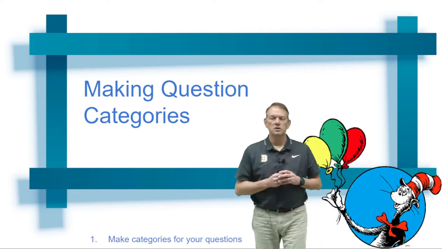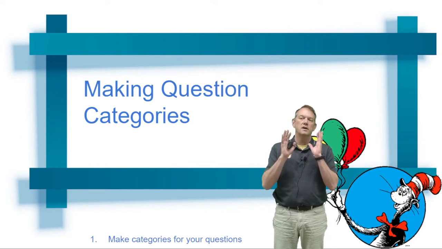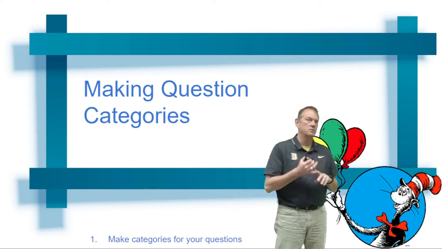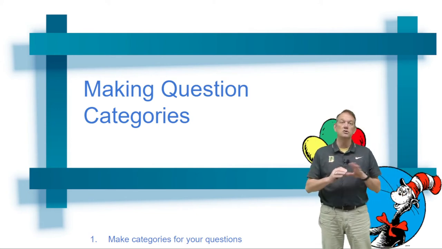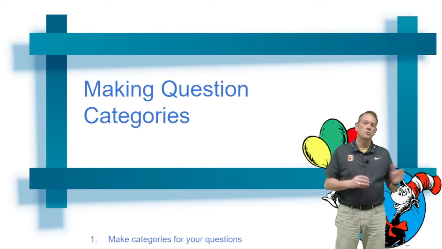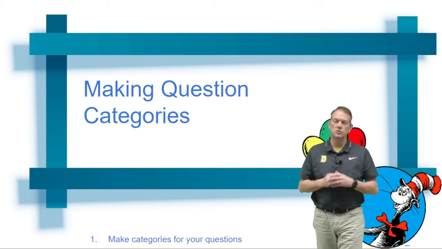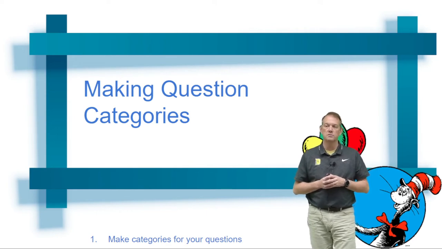So this very short video down here is how to go in and make categories for your chapters or your subject areas, making it easier for you to use those questions again in the future in a variety of different ways for those short cycle assessments, as well as any other formative and summative assessments you want to use the module for.